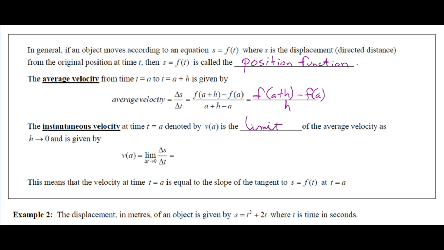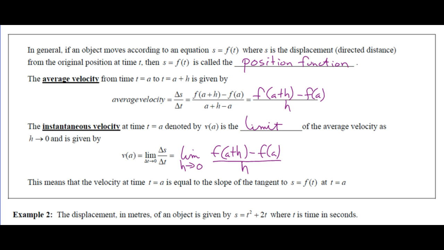So v of a is the limit as delta t approaches 0 of delta s over delta t, which can be written as the limit as h approaches 0 of f of a plus h minus f of a over h.